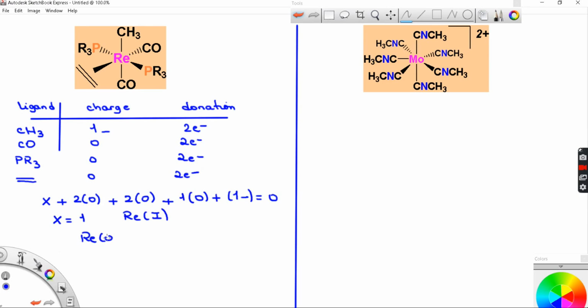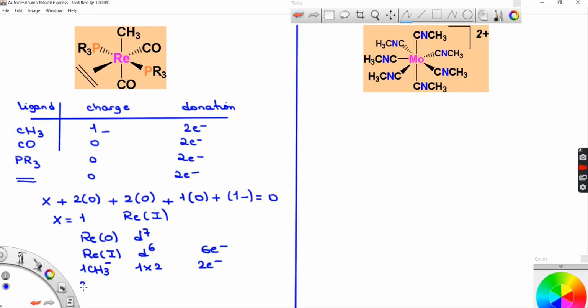Re0 is, according to the periodic table, D7. So Re1, D6, so we have 6 electrons. One CH3 minus will put the charge, so 1 times 2 equal 2 electrons.